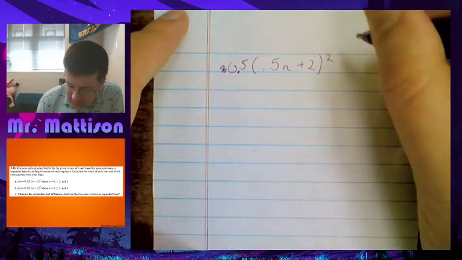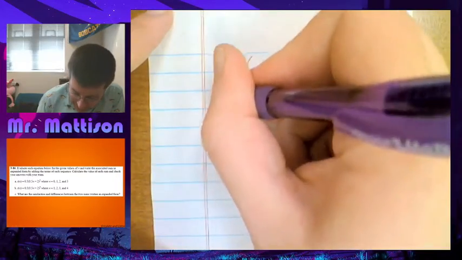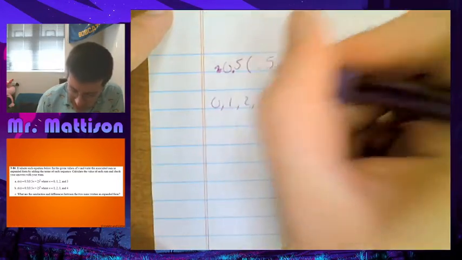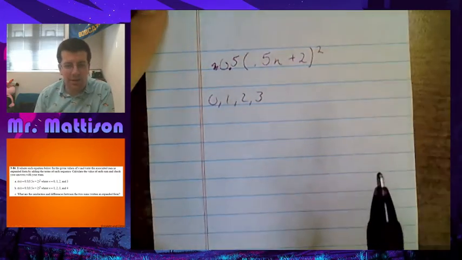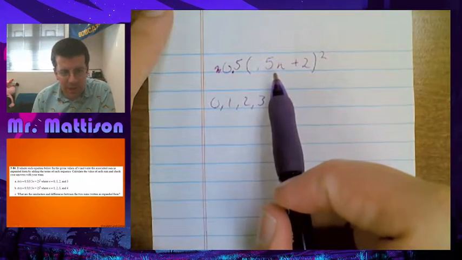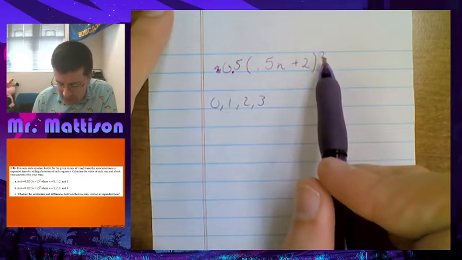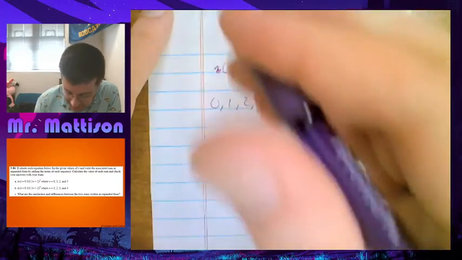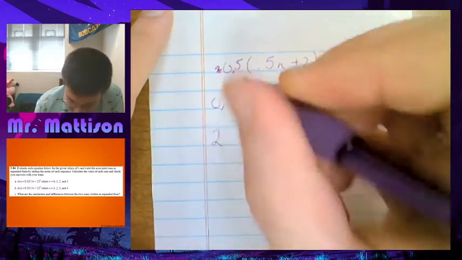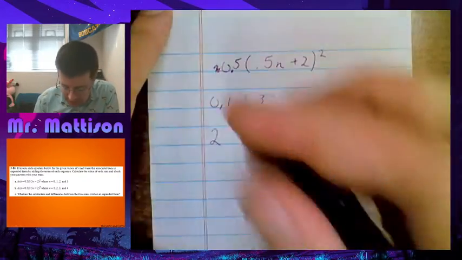And we want this one from 0, 1, 2, and 3. So if we do that, we plug in 0. We get 0.5 times 0 plus 2. 2 squared is 4. 4 times a half is 2. So there's my first value.